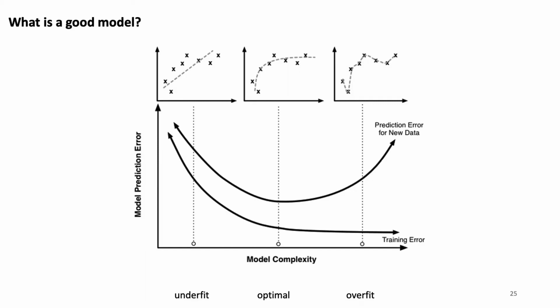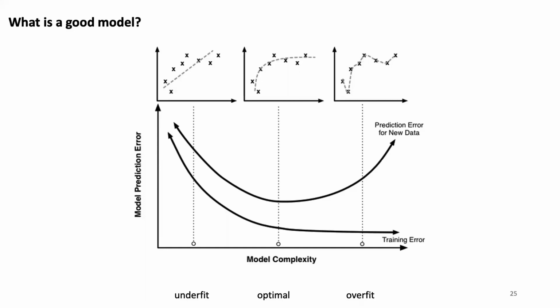So increasing the model complexity will always decrease the error, right? And at very high levels of complexity, we should be able to perfectly predict every single point in the training data set. And the training error should be near 0.